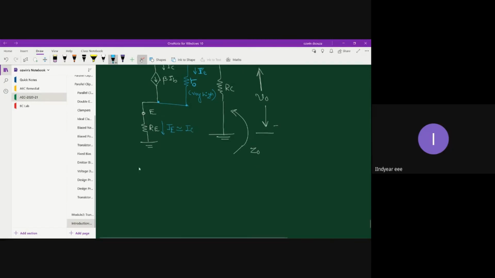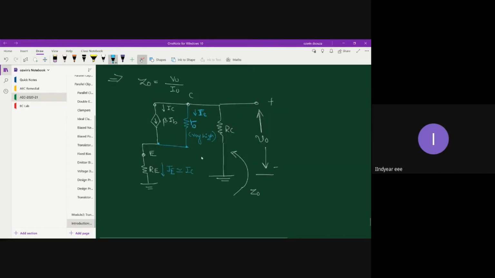I can write V0 as, because across collector and ground I can still write the voltage as V0, just apply KVL here.